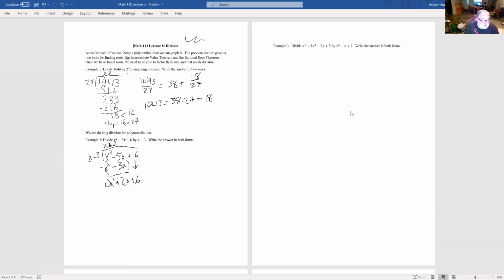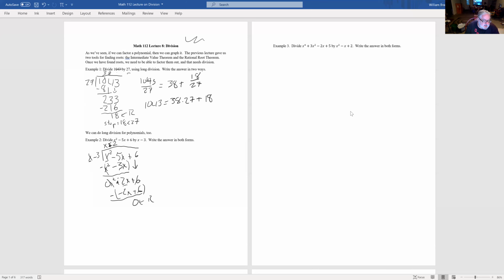Minus 5 plus 3 is minus 2. So if I take this, multiply by minus 2, minus 2 times an x is a minus 2x. Minus 2 times minus 3 is a plus 6. Subtract, we get 0. That's our remainder. And so we can write this in both ways.